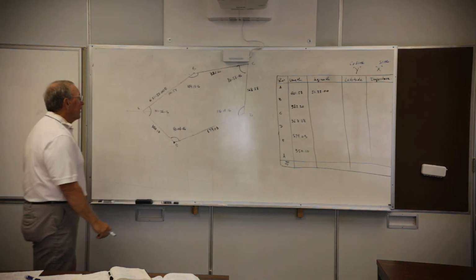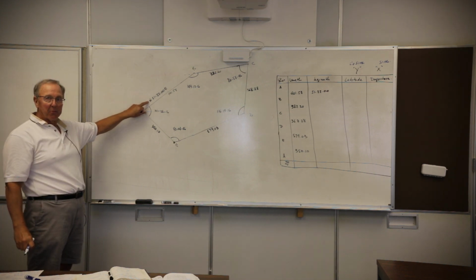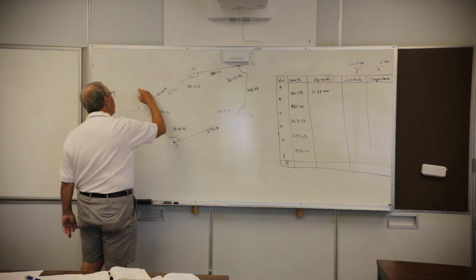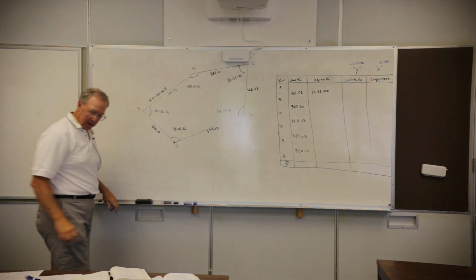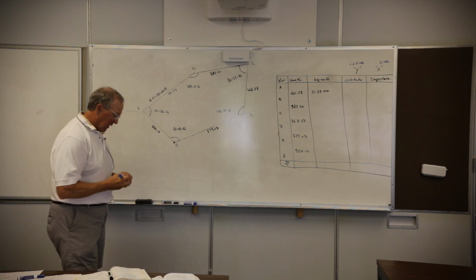If I was to do this, I would start with the known bearing or azimuth. You got to start with a known. I would draw an axis through that point, and the point I'm going to draw the axis through is point A, if I get myself a tool that will allow me to do that.